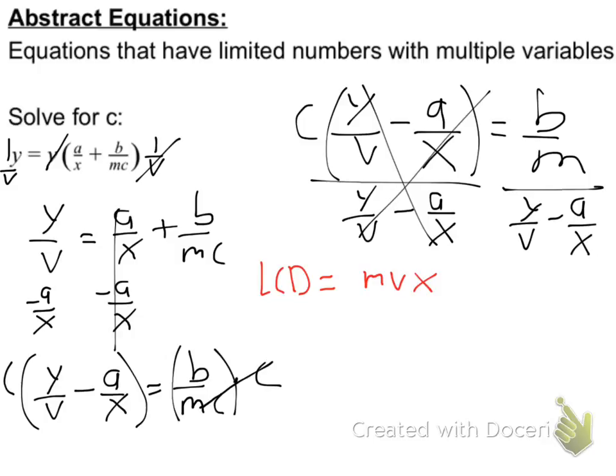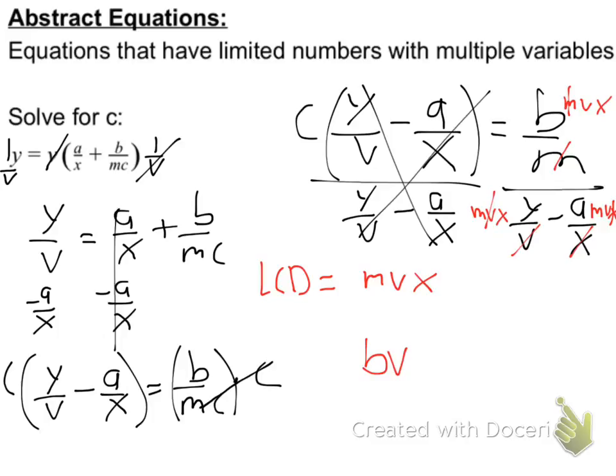Top and bottom, or to all of the individual fractions, right? MVX, MVX, MVX. If I do this, it's easier for me to visualize things canceling out. Like the one with the B over M, what cancels? The M's cancel. What cancels on the next one? The V's.